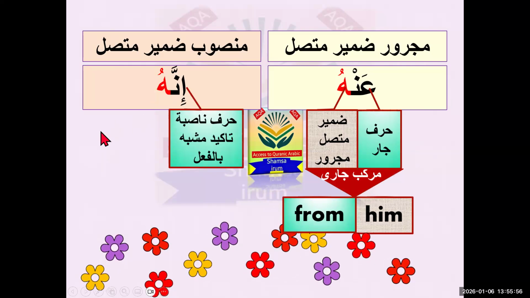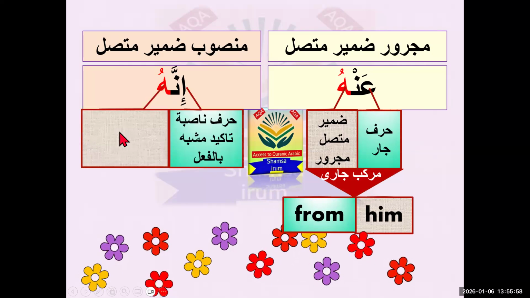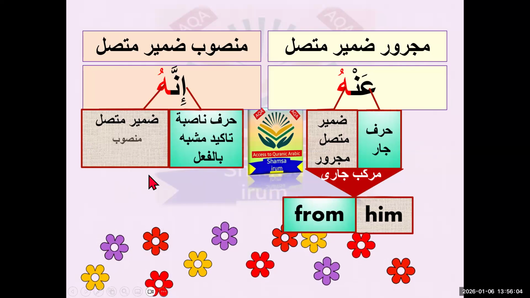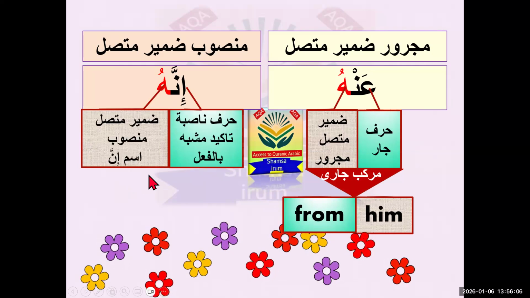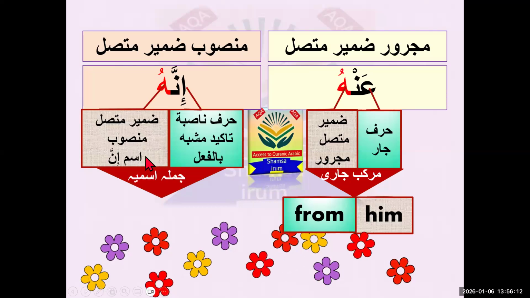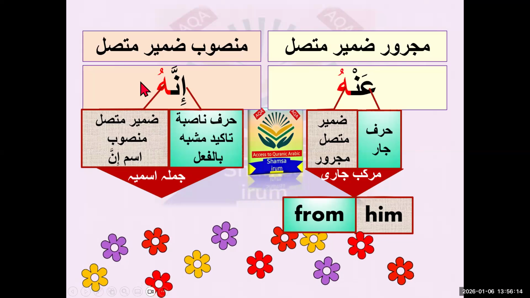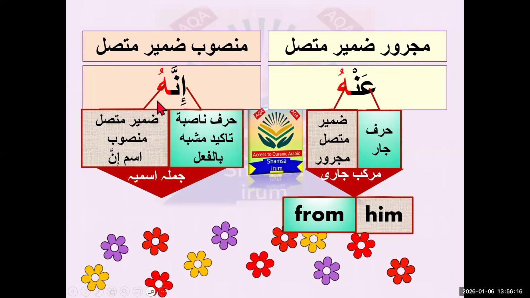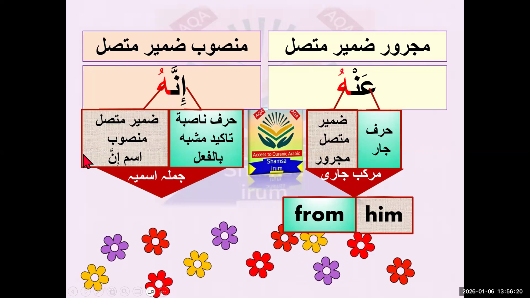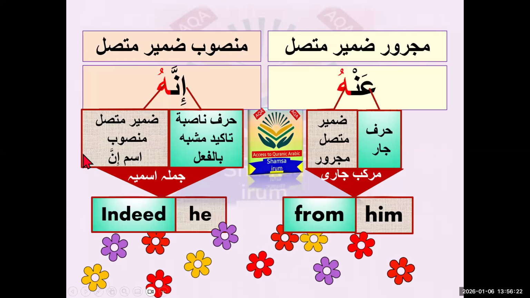This hu damir is also zamir mutasil. They both are zamir mutasil, but here hu damir mutasil is mansoob because it's ismu inna, and it makes a jumla ismiya. You know that there is no khabru inna because my intention is just to judge the hu damir. Translation is: indeed he.